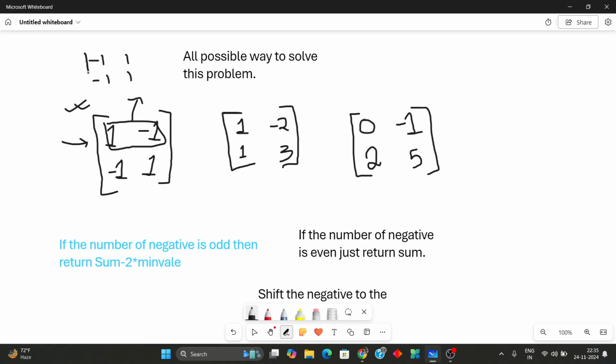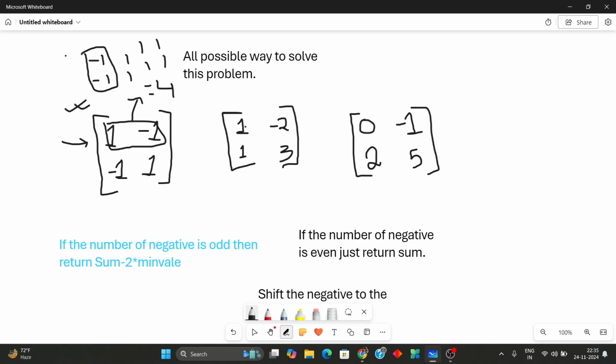Now if we take this column and multiply with minus 1, we will get 1, 1, 1 and 1, and the output will be 4. Okay, so this will only apply if there is an even number of negatives.